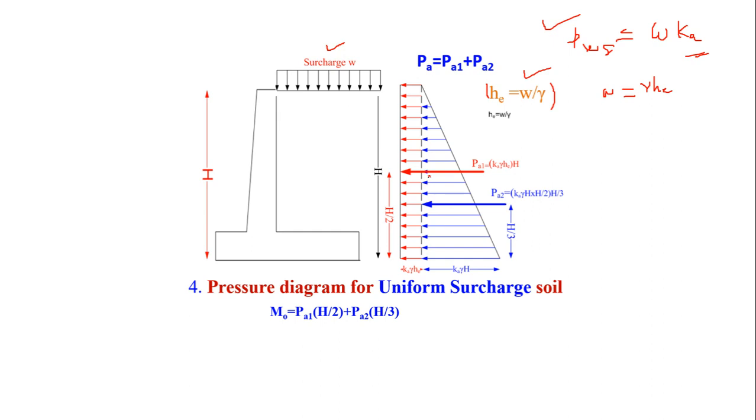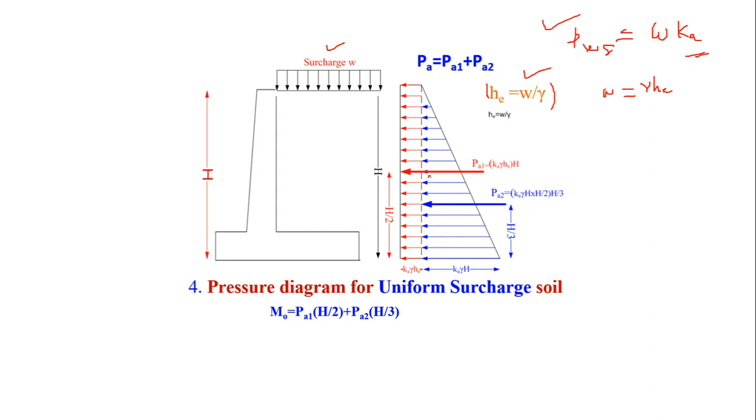We need to convert the triangular area to one force and the rectangular area to a second force. We find the magnitude of the rectangular area as height into width, so width is K into gamma into He, and height is H.